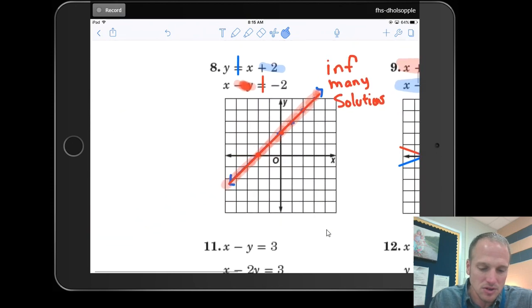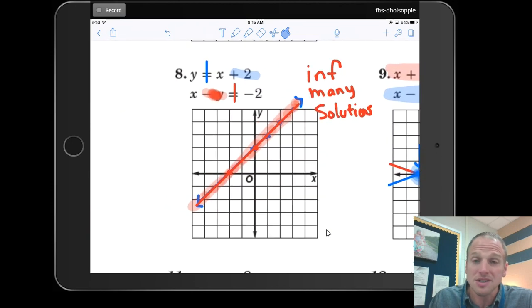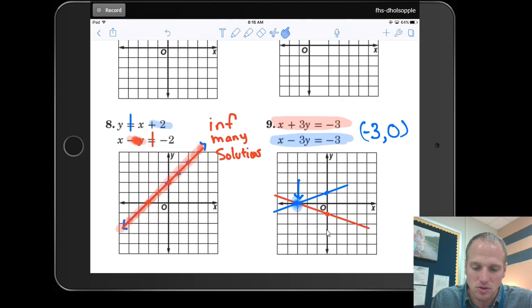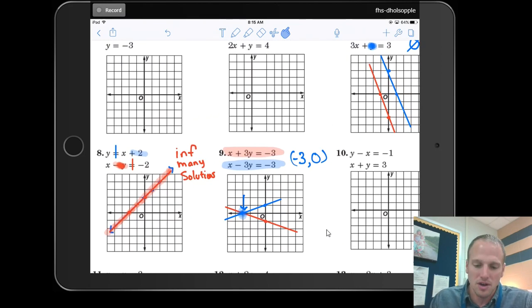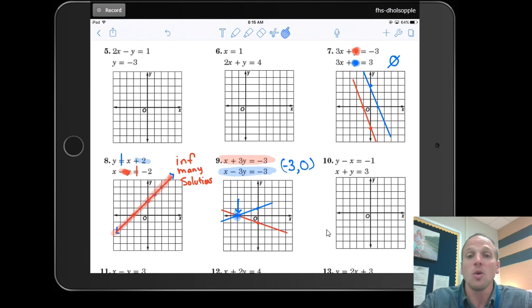And the last answer is like number 8, where they are the same line and there's infinitely many solutions. So kind of side by side, here are your 3 different options, okay? There are no other options. You can never have 2 solutions with a straight line. You can never have 3. It's always going to be no solutions, 1 solution, or infinitely many solutions. All right, good luck.